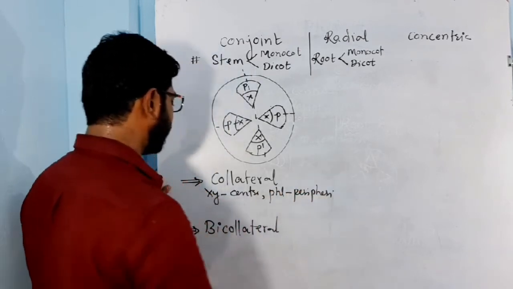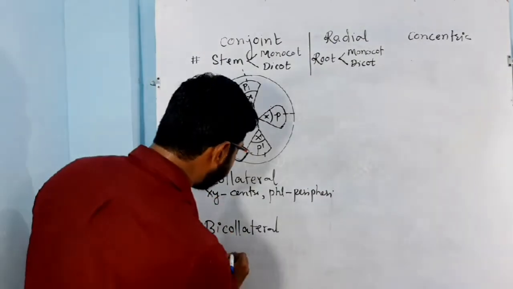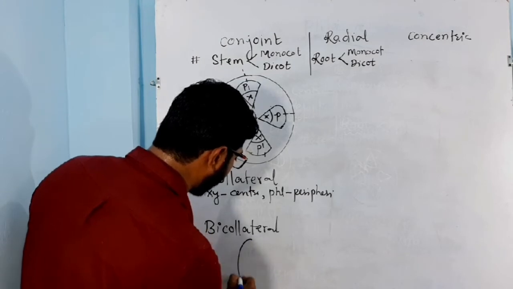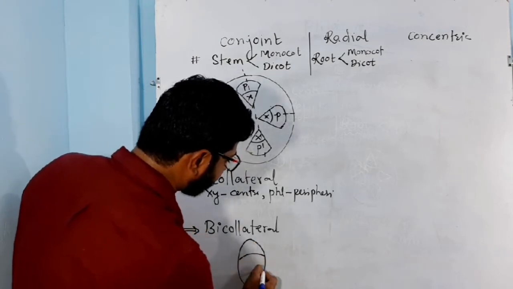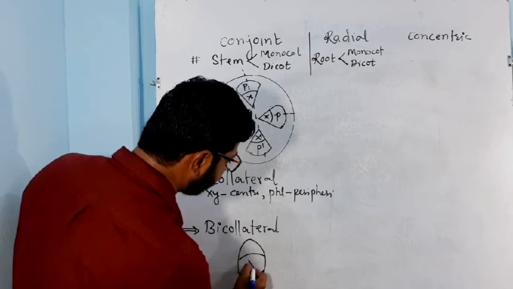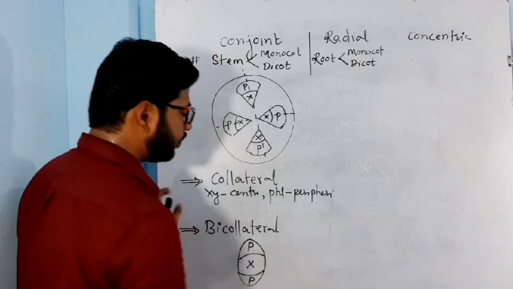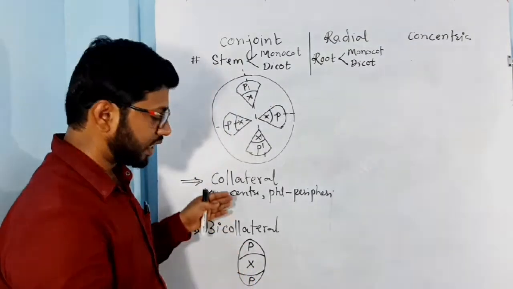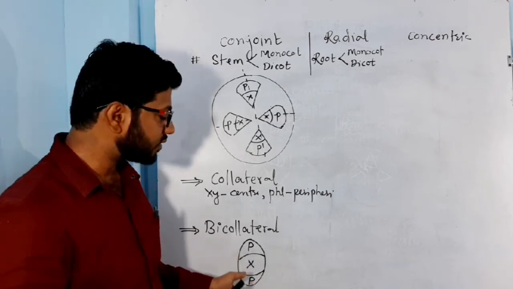In case of bicollateral vascular bundle, xylem is sandwiched between two phloem. Suppose this is vascular bundle, this is cambium, this is again cambium, centrally located xylem and at the periphery, phloems are present at the outer direction, or phloem flank the xylem.